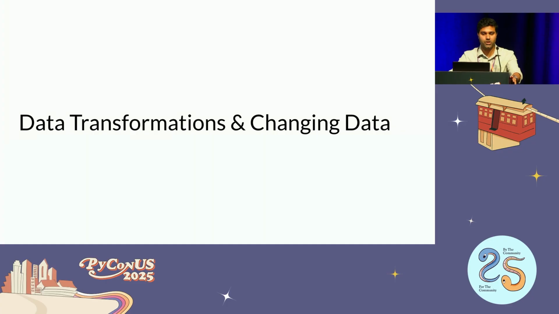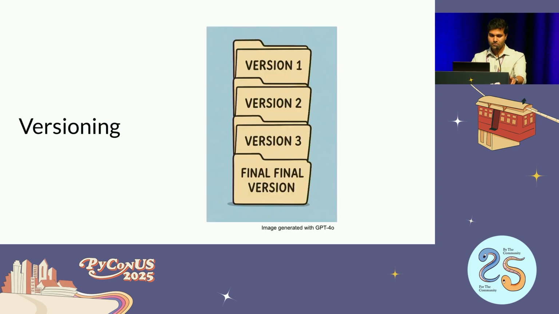Data transformation and changes. We have a lot of data warehousing and data platforms these days, and schema evolution is inevitable. I've seen existing records getting new data points, new features within the same data set.